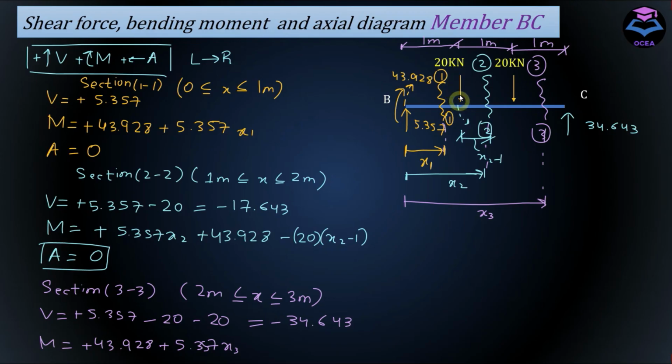And we have this 20 kilonewton force creating counterclockwise moment, and it has a perpendicular arm of x3 minus 1 with respect to section 3-3. So minus 20 into x3 minus 1, and this 20 kilonewton force has a perpendicular arm of x3 minus this distance 2 meter, x3 minus 2.